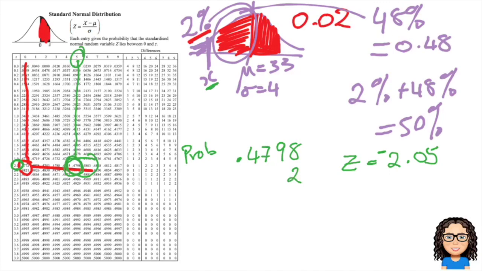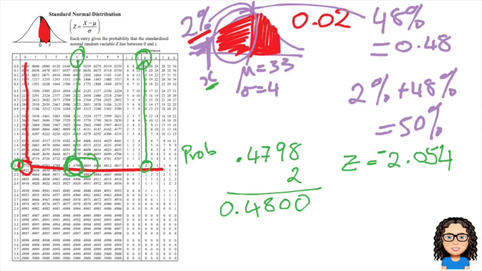I need to add another 2, and if I add that 2, then that will become 0.48, which is exactly what I want. So I'm going to continue looking along that row until I find the 2's. And the first 2 that I come across, that's the 2 that I want to add. That means if I go up, the third decimal place is a 4. So there's the third decimal place on the Z value, negative 2.054.